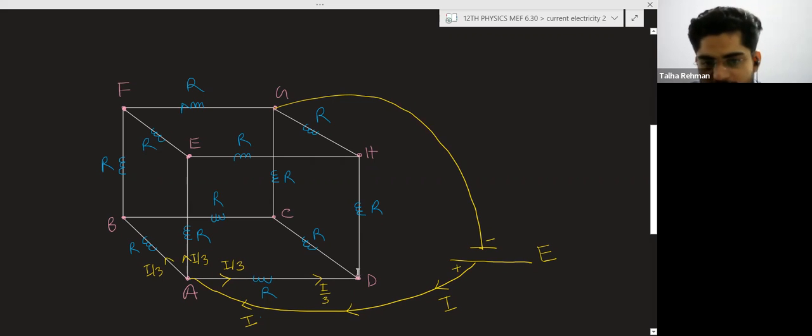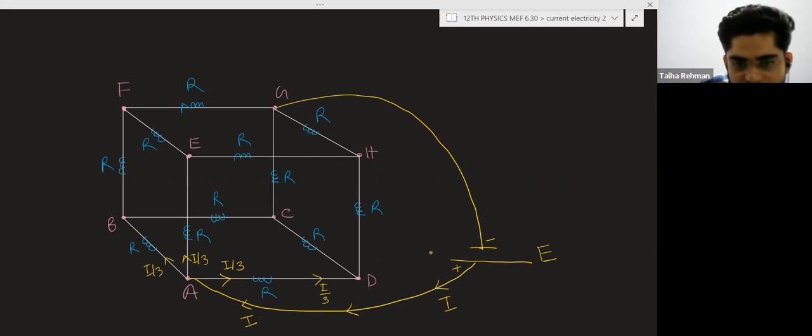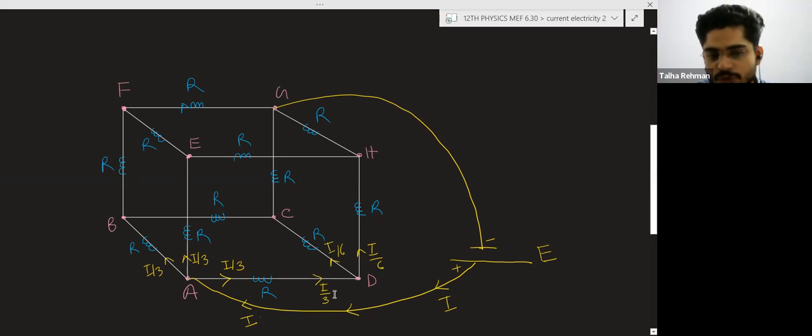From this point D there are two branches, so this current will be divided like this, I by 6 and I by 6. Half of I by 3 is I by 6.